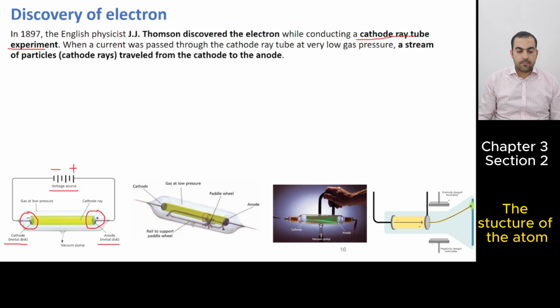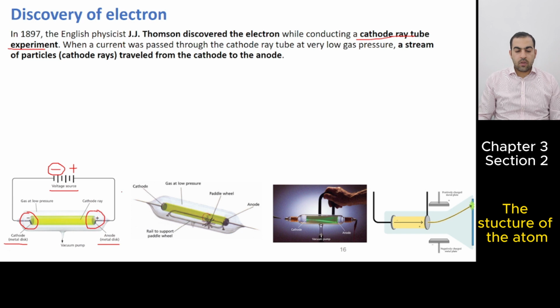The battery has a negative and a positive end, so he called the metal that's connected to the negative side of the battery the cathode, and he gave it a negative charge.